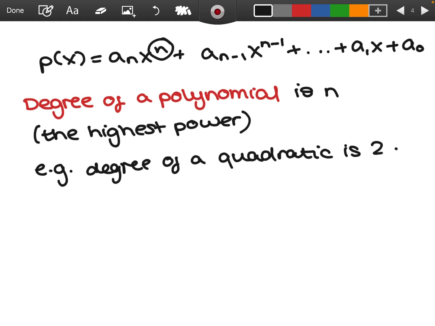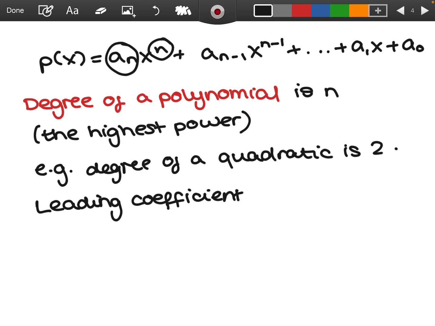Another thing that I want to look at, which will come up when we actually try to graph these, is leading coefficients and leading terms. The leading coefficient is just the coefficient that is in front of the x with the highest power. So it is this a_n term here.